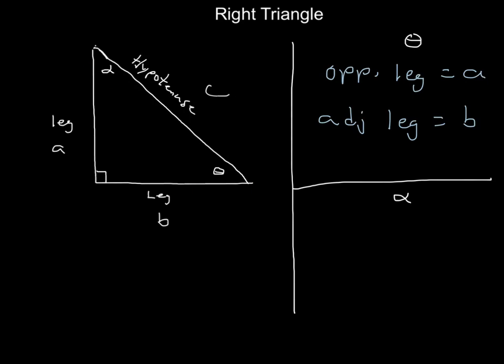The leg that makes up part of alpha is this one. So for alpha, the opposite leg is equal to B, and the adjacent leg is equal to A.